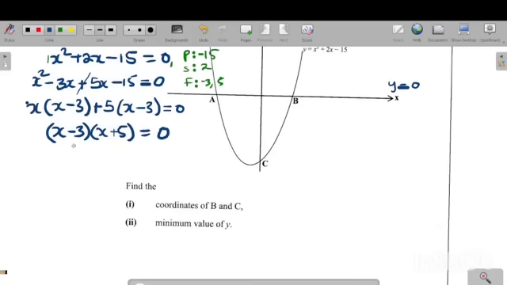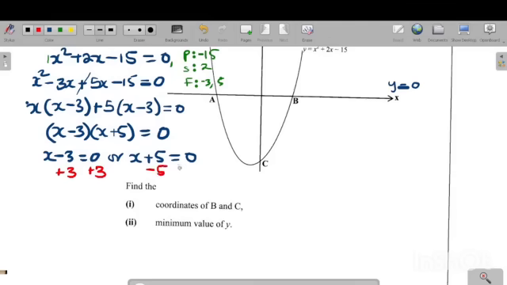All right, this is the same as x minus 3 is equal to 0, or x plus 5 is equal to 0. All right, to find the value of x, add the 3 here, and what you've done on the left of this equation, you also do it on the right of this equation. So same here, we are going to subtract the 5.